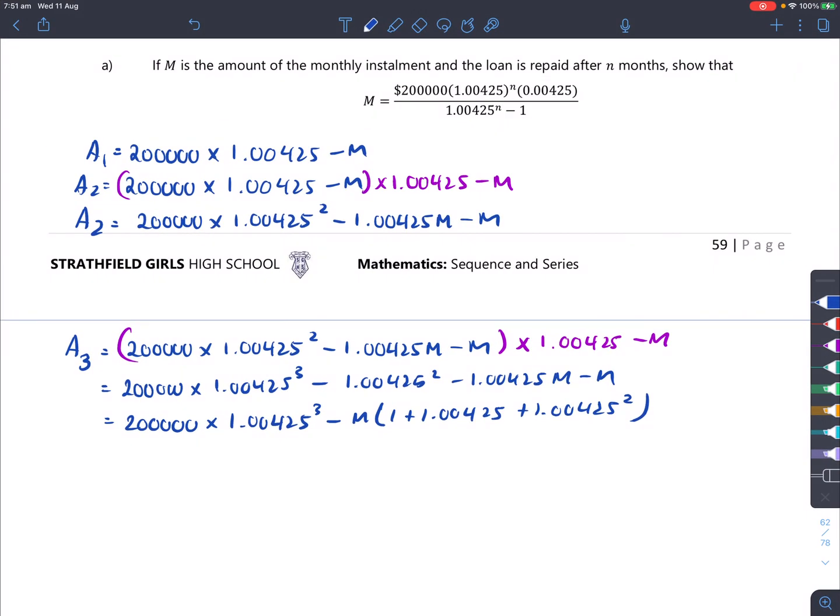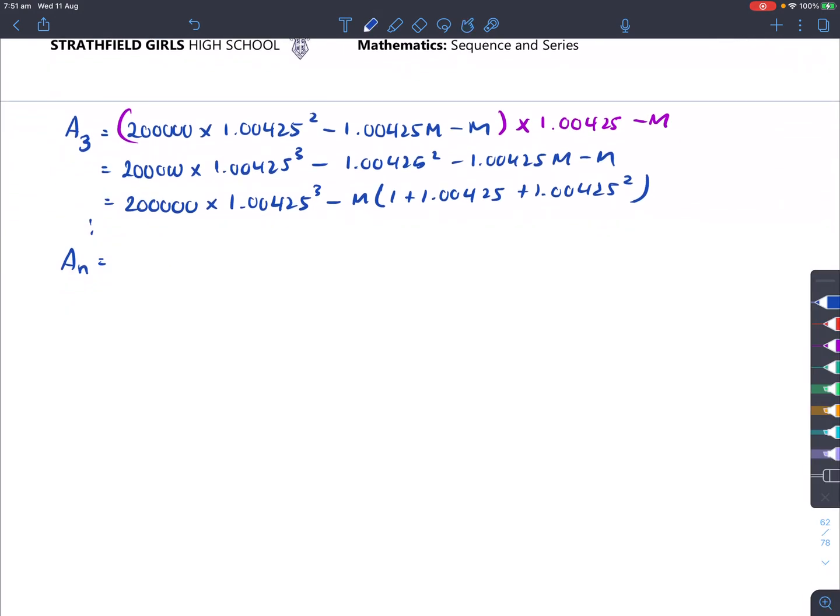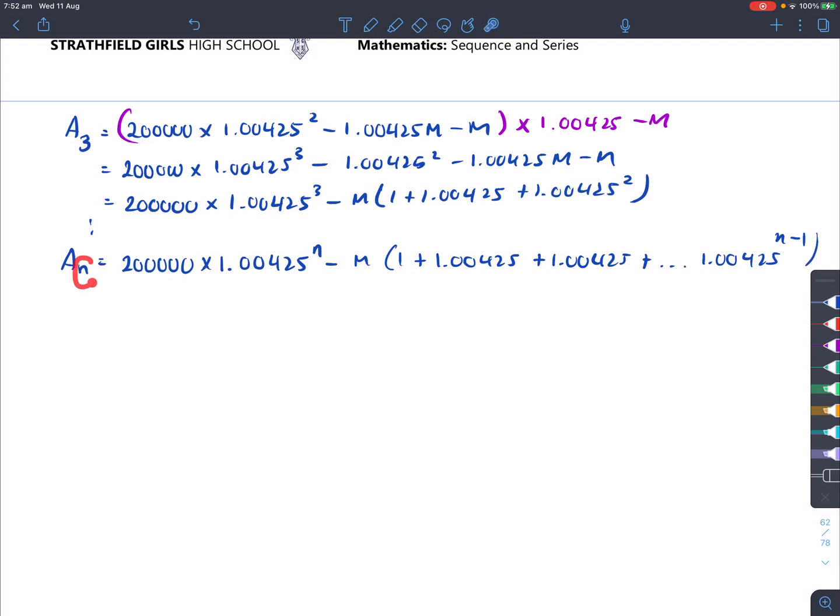So a_n is going to equal 200,000 times 1.00425 to the power of n, minus m times (1 plus 1.00425 plus 1.00425 squared, plus all the way up to 1.00425 to the power of n minus 1), which is 1 less than the subscript here. Okay, so the n months that it says.